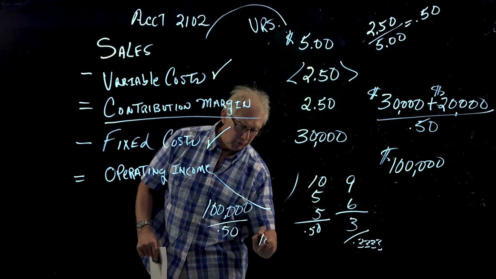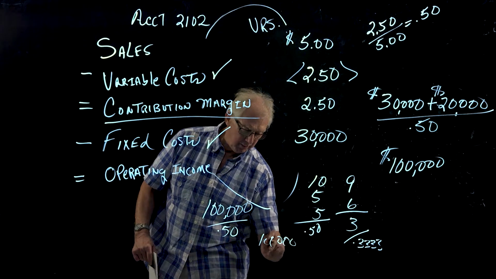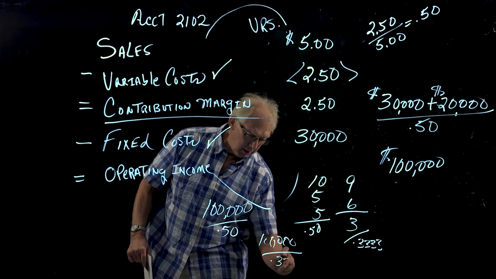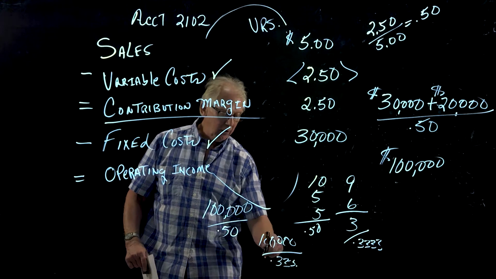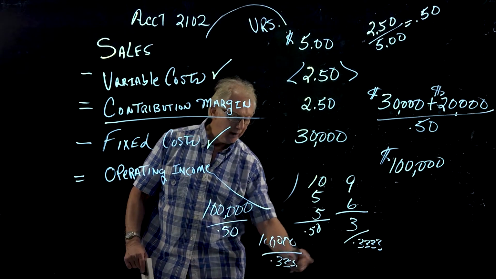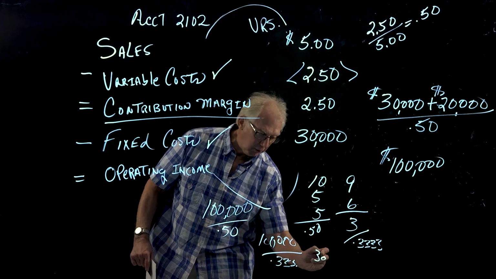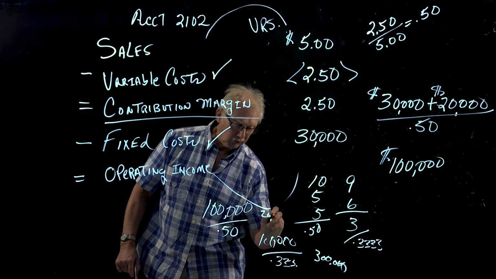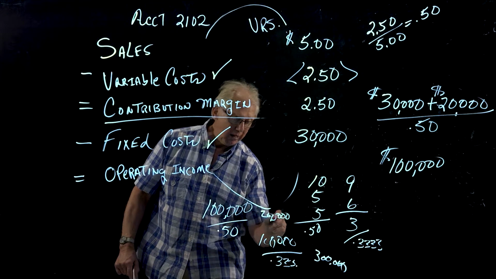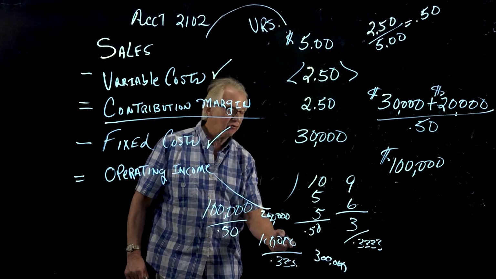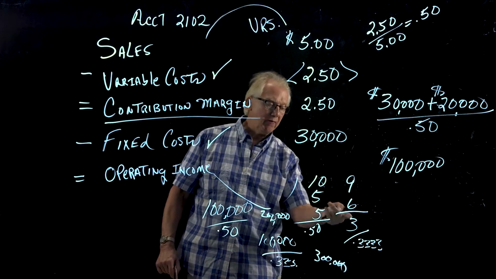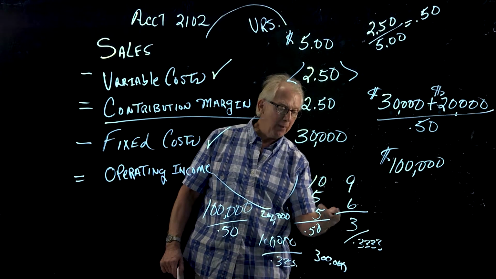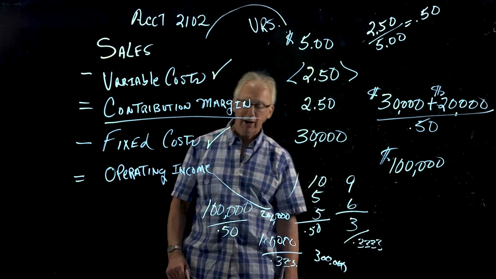And then $100,000 divided by 33.33%, $100,000 is 33% of $300,000. And this is a good example. So what happened to break even? Break even went up. Sales price came down and variable cost went up, so break even went up.